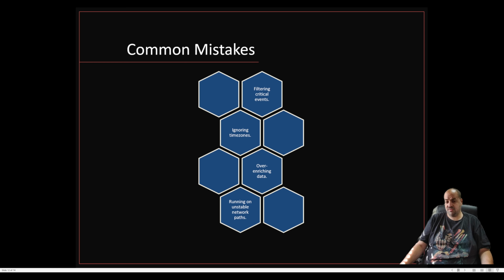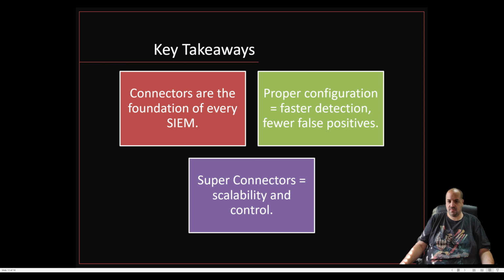The common mistakes are filtering important events, ignoring time zones, and over-enriching data, which can also be a problem. And you can run out on unstable network paths.